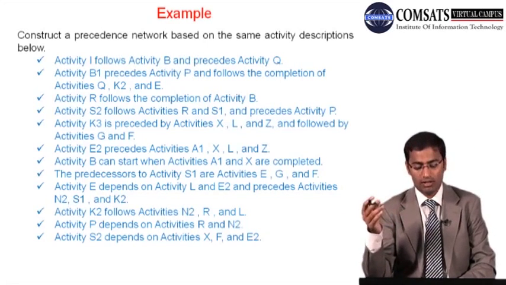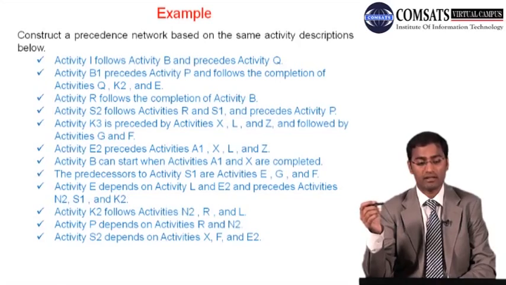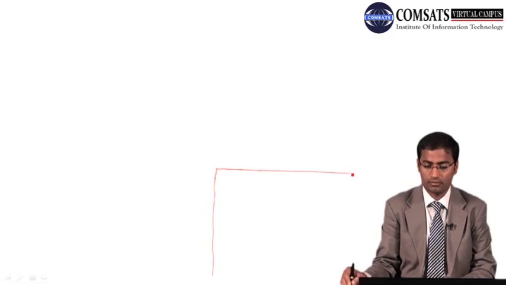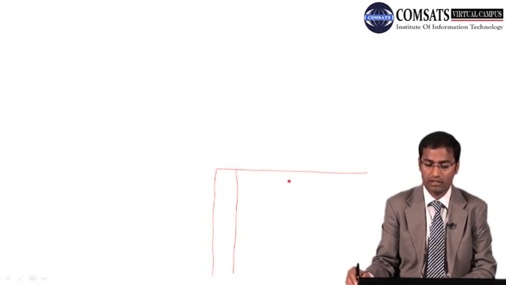Let's draw a table so that we can have a better understanding of the information. Okay, so let's say we have a table over there, with a column for activity and a column for predecessors.